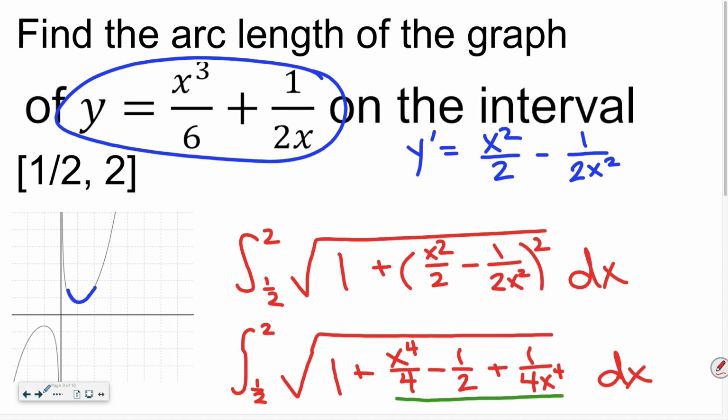It's all in the same one. If we did the distance formula, we're finding the distance between the coordinates 1/2, 49/48, and 2, 19/12.